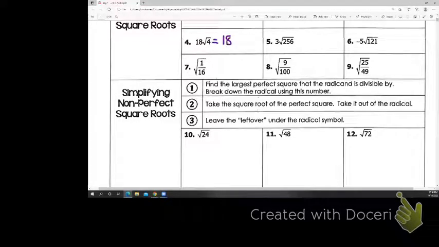So then this just means 18 times 2, which is 36. Okay, and you wouldn't necessarily have to write 18 times 2 first, but so you know where that number comes from. So then square root of 256, 16, I believe, and then 3 times 16 is 48.